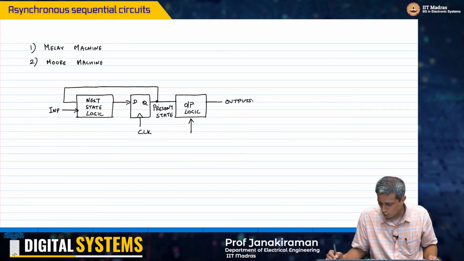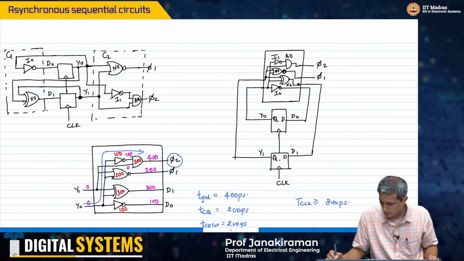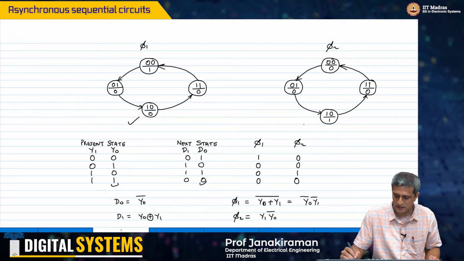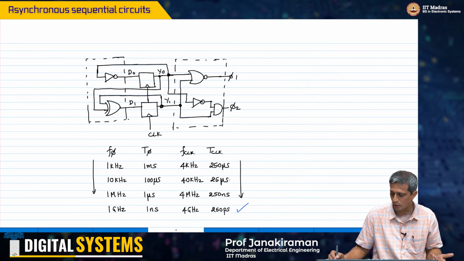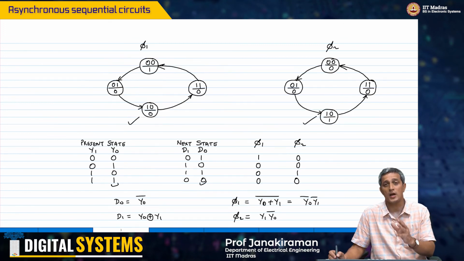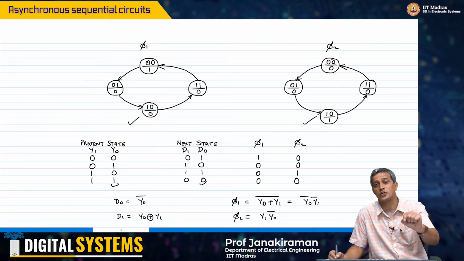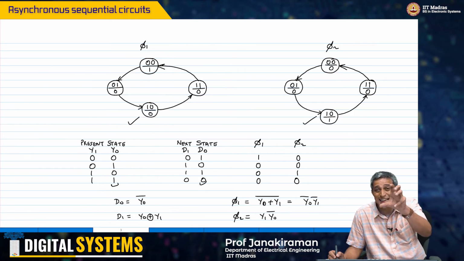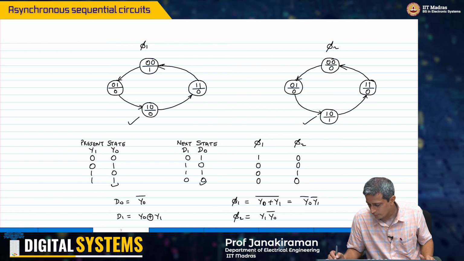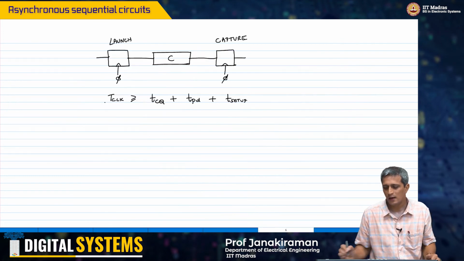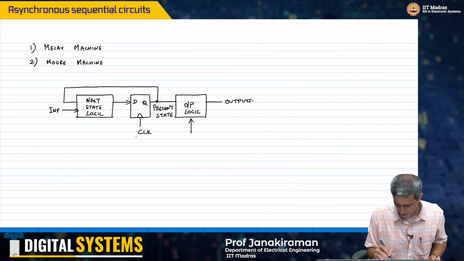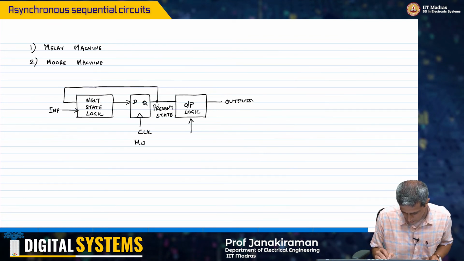So in fact, if you look at the counter design that we did here, this would essentially represent a Moore machine because there is no input and the output is a function of the present state. So the output gets represented inside that state circle, right? So this is what you call a Moore machine.